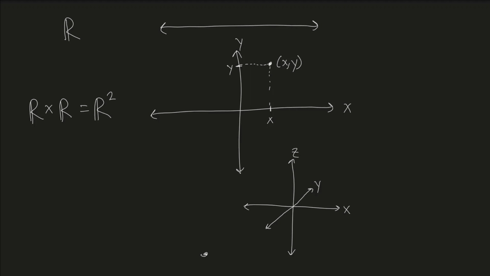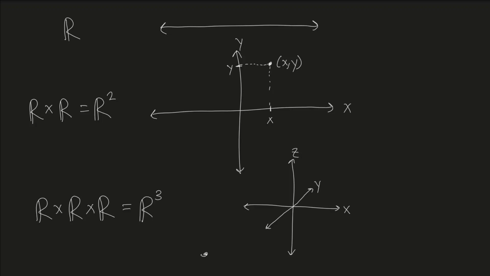And so we can write this as R cross R cross R. Well, what does that give us? Well, we define this as R3. So this is the 3-dimensional real space.